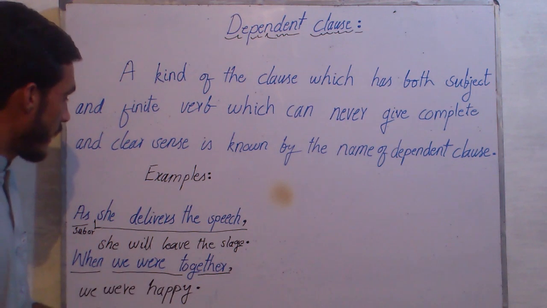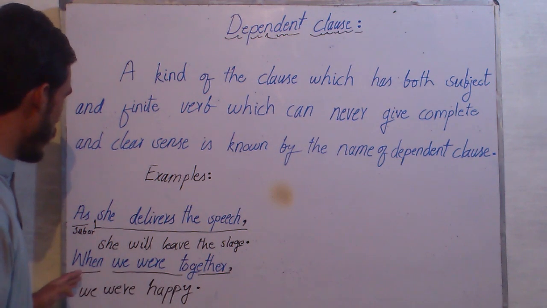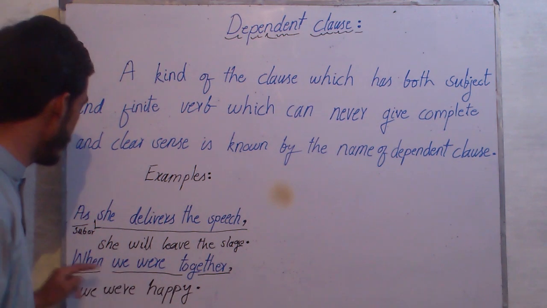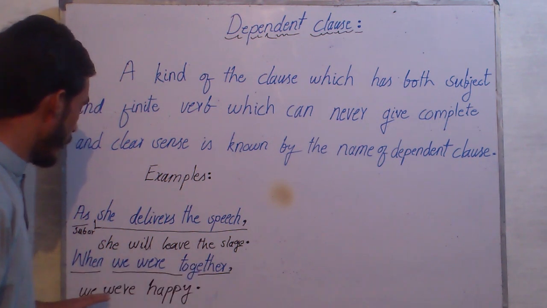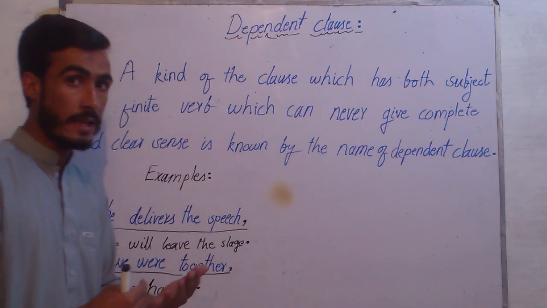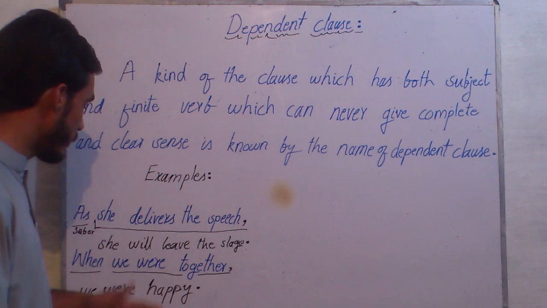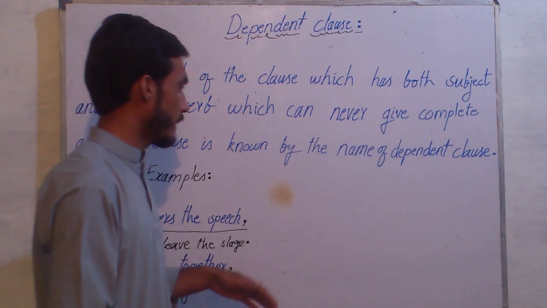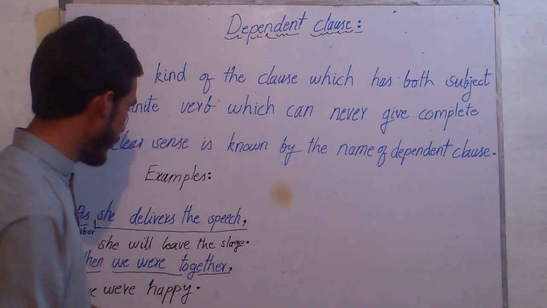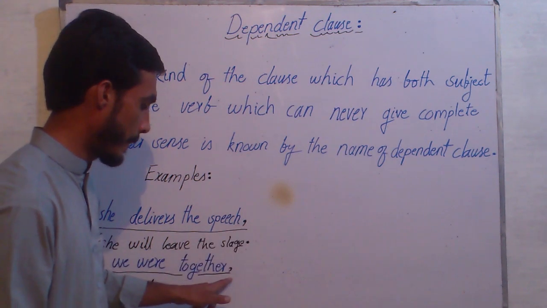Here it goes. So this is now completed. Now it gives clear and complete sense. When we were together, we were happy. What was our state, or what were we doing? We were happy.